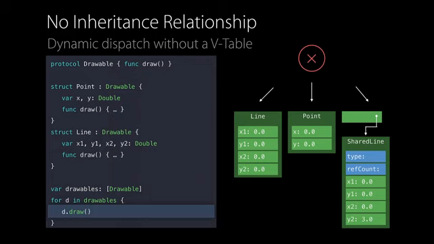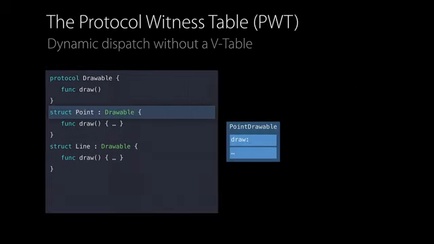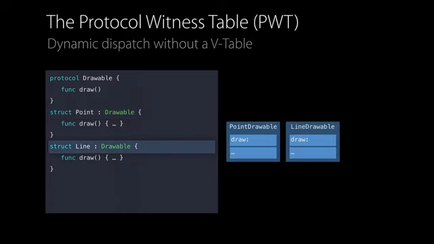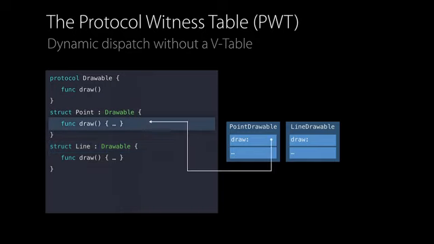So how does Swift dispatch to the correct method while it's going over the array in this case? The answer to this question is a table-based mechanism called the protocol witness table. There's one of those tables per type that implements the protocol in your application. And the entries in that table link to the implementation in the type.